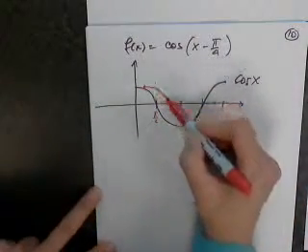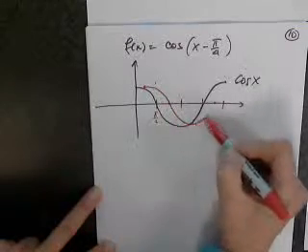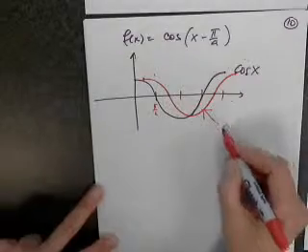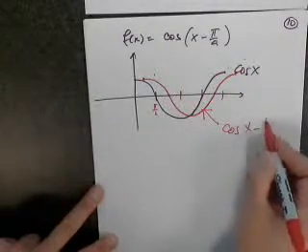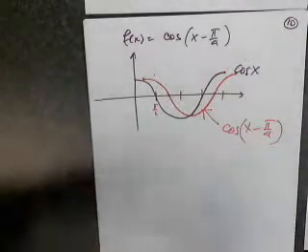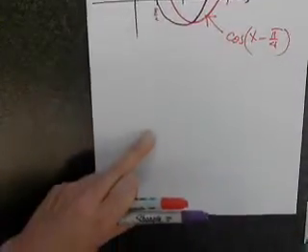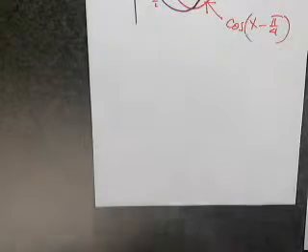So here's the graph. This is the graph of cosine x minus pi over 4. If you remember these three graphs, that's all I need. So you just have to memorize what they look like? Yes. You only have three graphs.